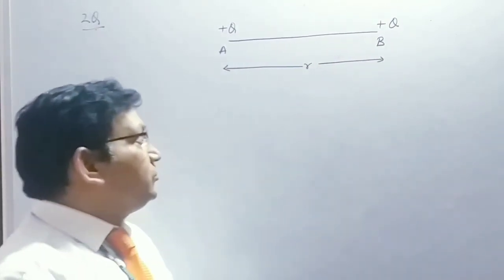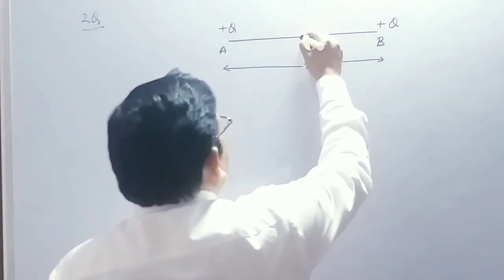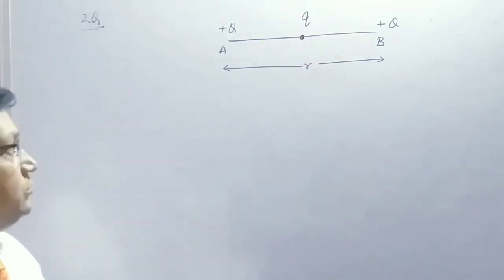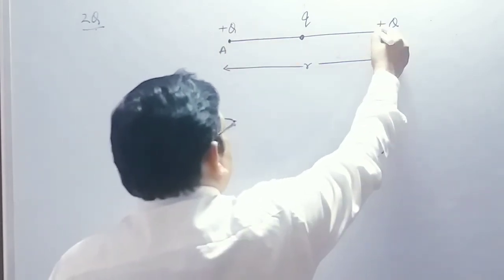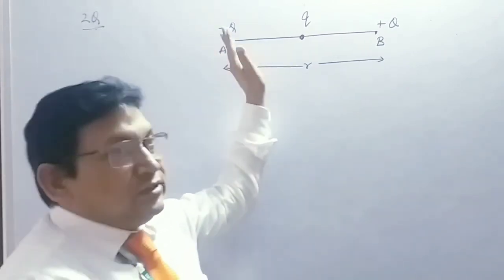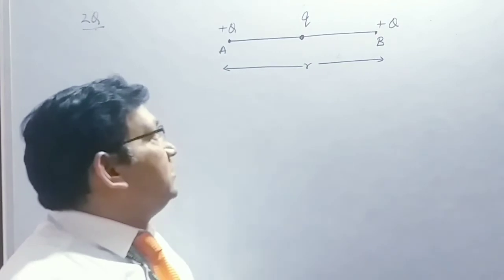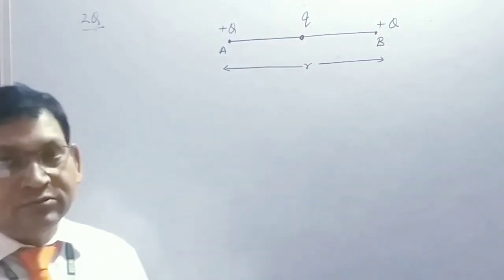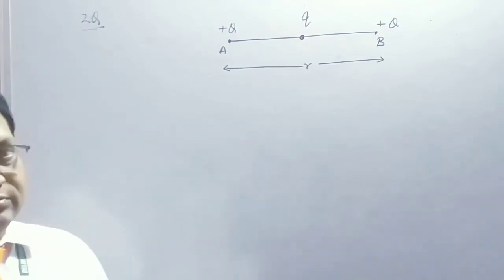Now in this question we have to find what should be the magnitude of a third charge small q so that the entire system is in equilibrium. Question clear or not? Now we have to find the magnitude of a small q such that the entire system is in equilibrium.